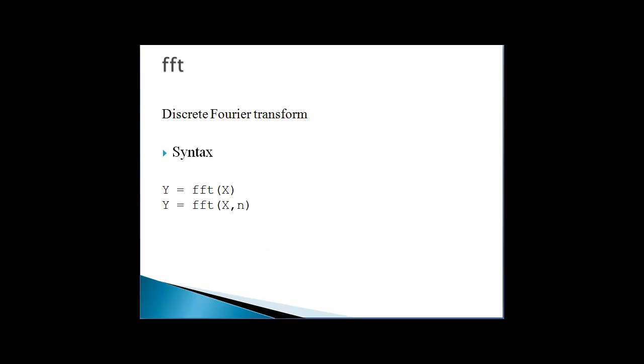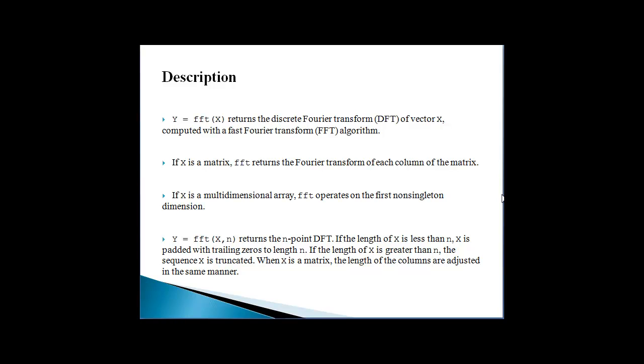Now coming towards the FFT, that is discrete Fourier transform, also known as fast Fourier transform. Now the syntax for it is either you can use fast Fourier transform of x or fast Fourier transform of x comma n according to the question given.